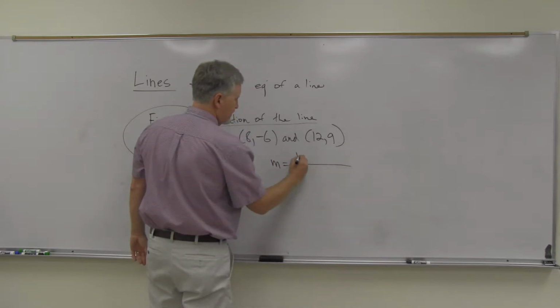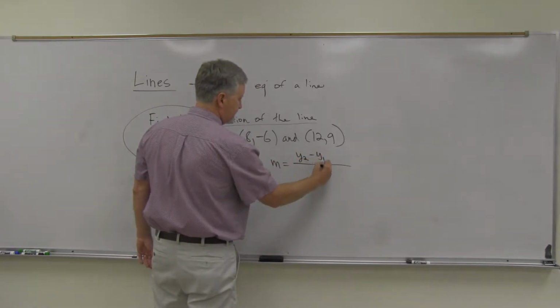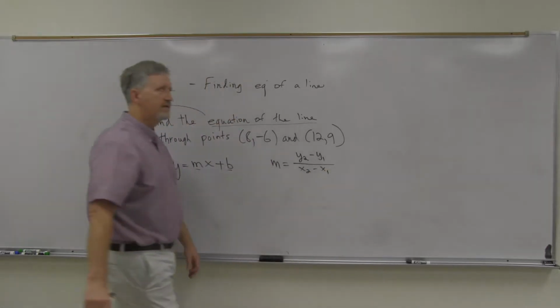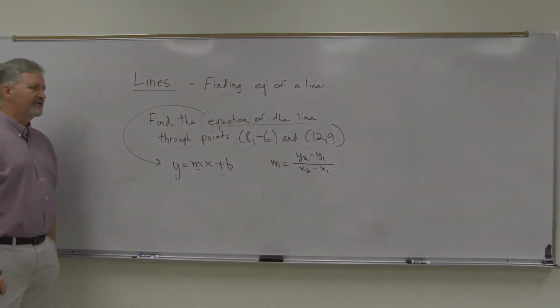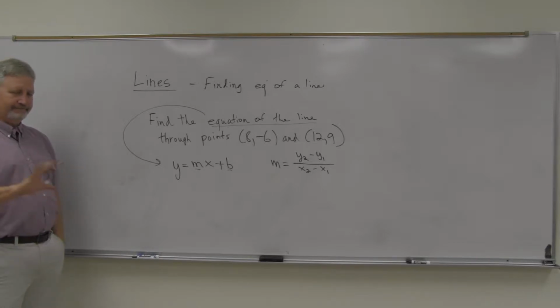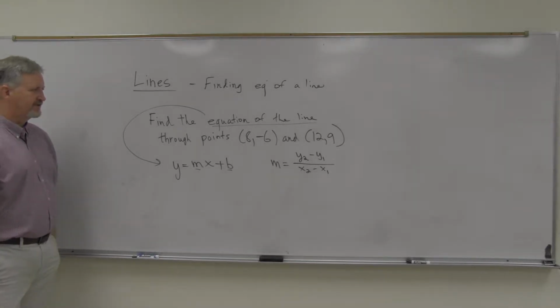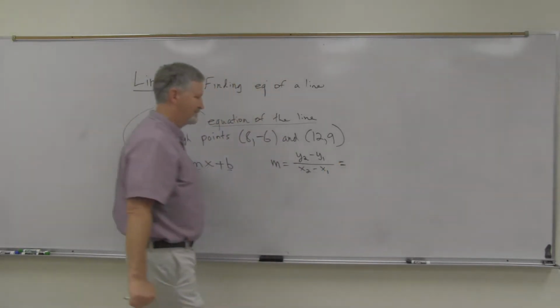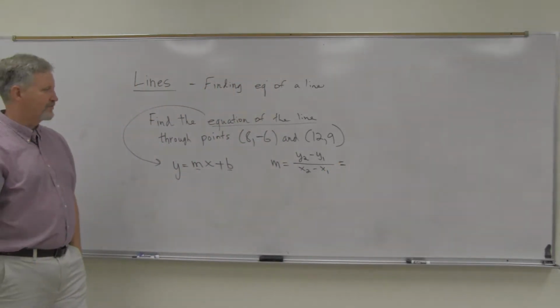The slope formula is the difference of the y's over the difference of the x's, y2 minus y1 over x2 minus x1. Definitely a formula worth knowing.